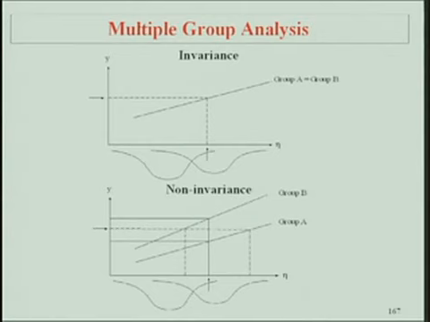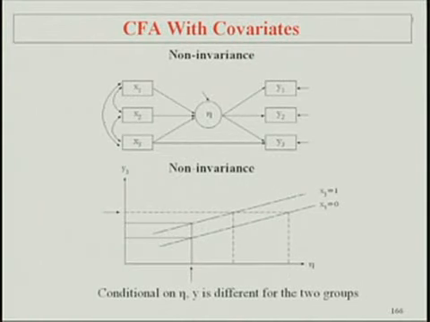Furthermore, going back to the picture on slide 166, the residual variances from y1 to y3 can be different across the groups in the multiple group approach, whereas that cannot be orchestrated through CFA with covariates.